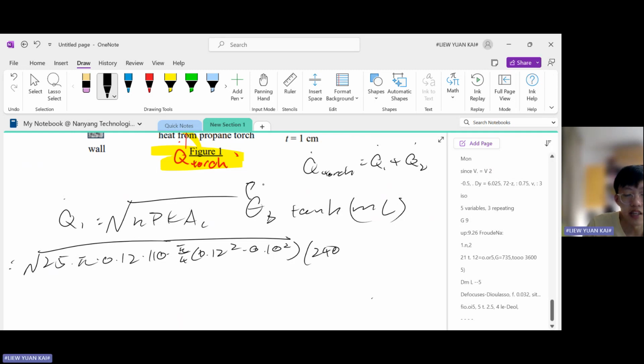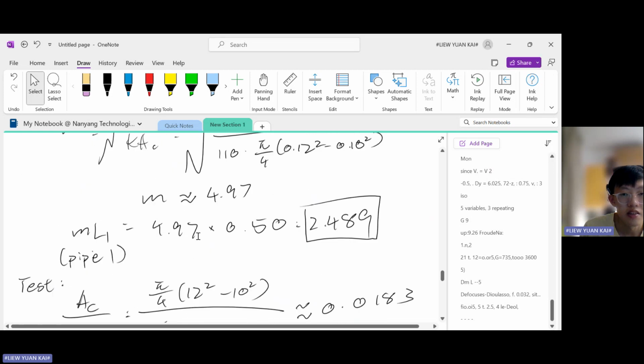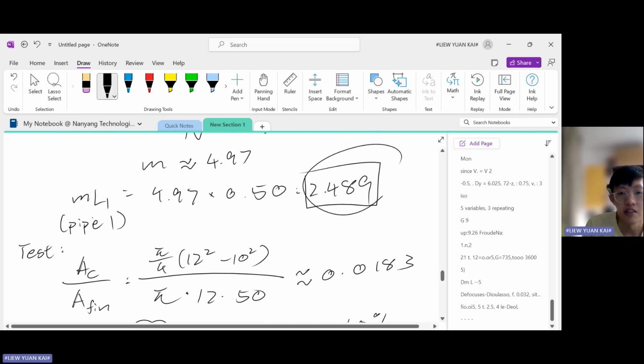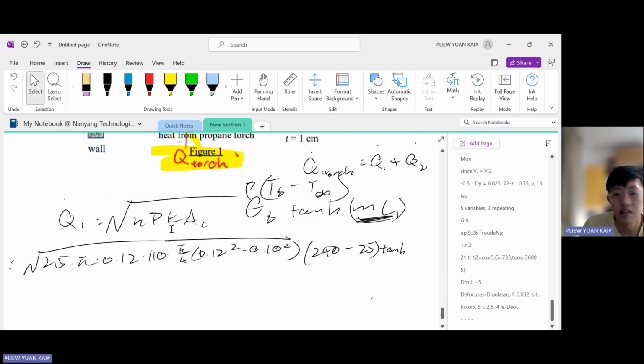Remember, theta B is a short form for T B minus T infinity. So T B is actually 240, the interface temperature, and T infinity is the ambient temperature, which is 25 degrees Celsius. And then mL is what we calculated earlier. mL1 is over here. Where was it? This one. So 2.489.